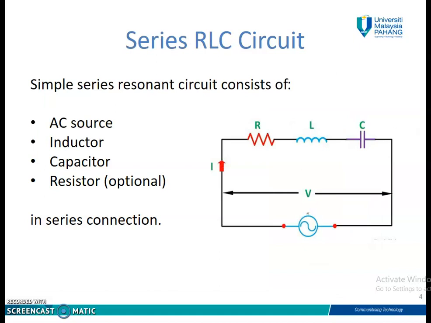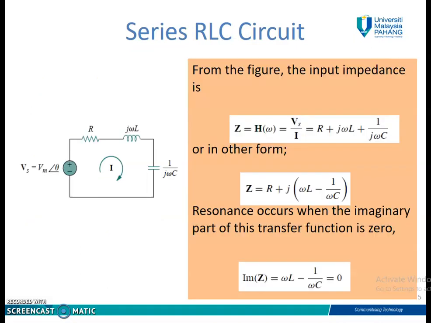Okay, next, series RLC circuit. A simple series resonance circuit consists of an AC source, inductor, capacitor, resistor in series connection. Okay, according to this figure, the input impedance is the sum of the resistance and the reactance.